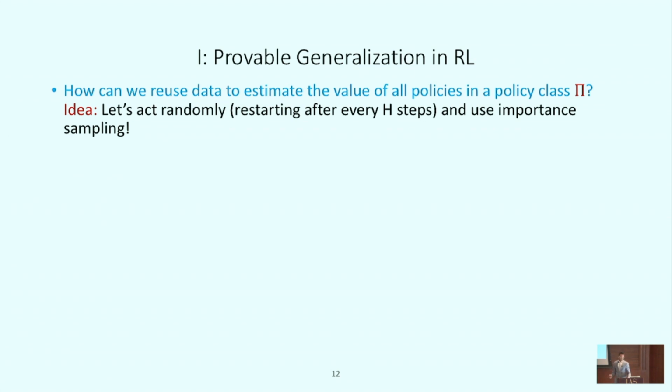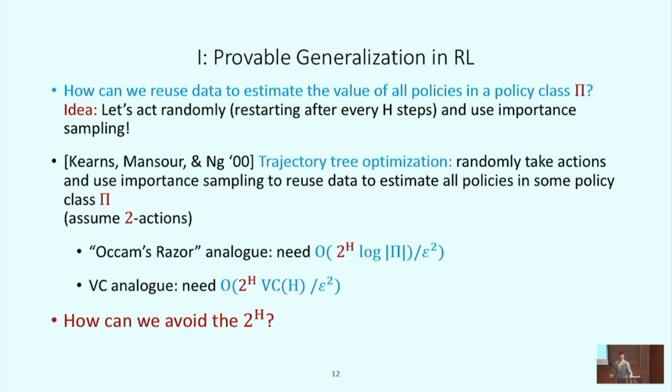Because the idea now is if I act randomly, so I start at S0, I just act randomly for H steps, then repeat, and then act randomly again. And now I can use importance sampling. So now for every policy, I can get an estimate of how good it is with importance sampling. And this is this really fundamental result due to Kearns, Mansour, and Ng called the trajectory tree approach, which is really just importance sampling.